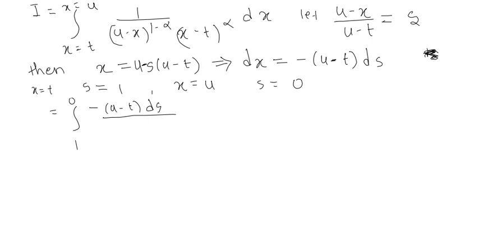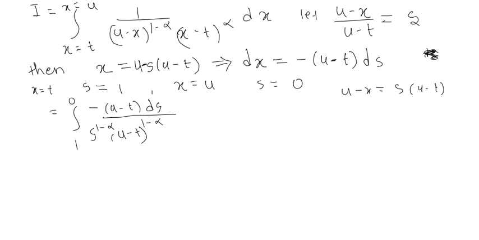What is this? u minus x will be equal to s into (u minus t), and this raised to 1 minus alpha. So what we will get? s raised to 1 minus alpha, (u minus t) raised to 1 minus alpha.